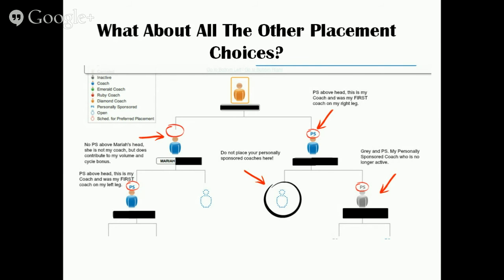And it is best to do the outside legs because it helps more of your coaches cycle. And in the end, you want to help as many coaches be successful. So by putting them all underneath each other on the outside leg, you build at least one strong leg for your coaches.